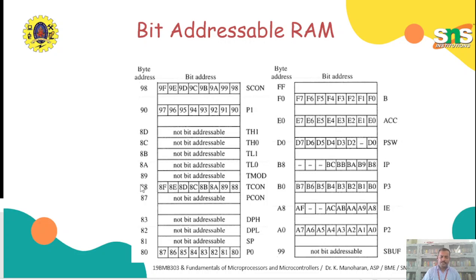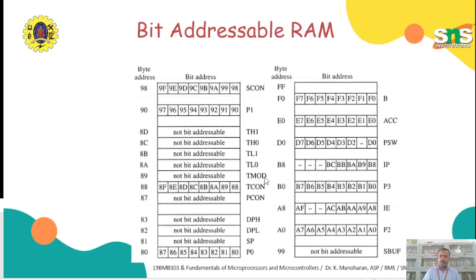We can use the byte address 88 to access all the bits, or if I want individual bits, I can use that particular address. If I use 88, that indicates TCON.0, or I can take it as the byte address 88H.0 location. Both will be the same.